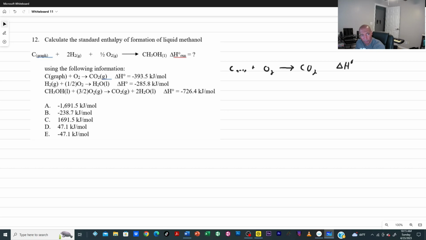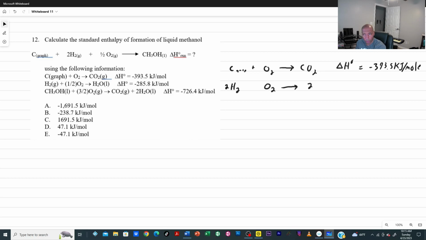So I'm going to say carbon graphite plus O2 yields CO2. Now that enthalpy change under standard conditions is a negative 393.5 kilojoules per mole. Then the second reaction, that's the one that I have to multiply by 2.